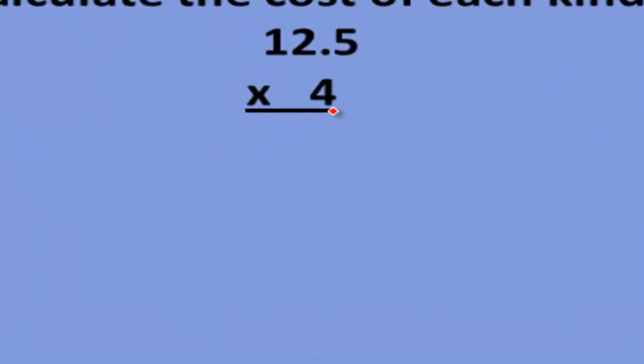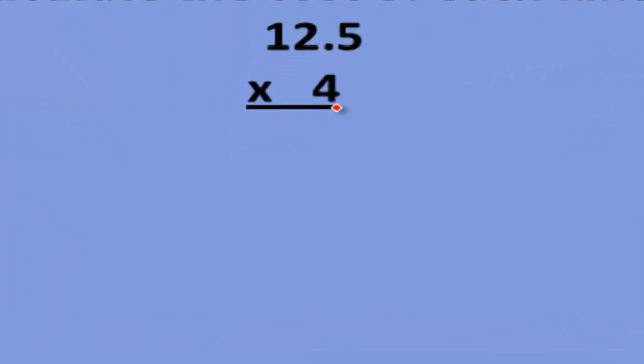The second one is for bananas. He bought 4 kilograms of bananas at 12.5 nafa. Therefore 4 times 5 is 20. We write 0 here and we put here 2. 4 times 2 is 8 plus 2 is 10. We write 0 here and we put here 1. 4 times 1 is 4 plus this one is 5.